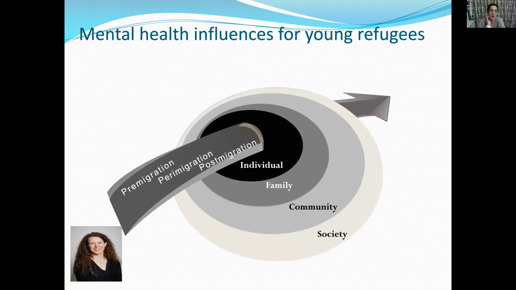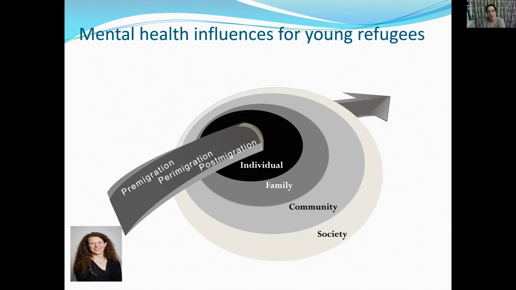Thinking about the mental health influences for young refugees, there are things that have happened pre-migration, their experiences peri-migration and their journeys, and then their experiences in the post-migration environment. That's what I'm really interested in, and how to make that context much more welcoming and enabling for the young refugee to thrive.